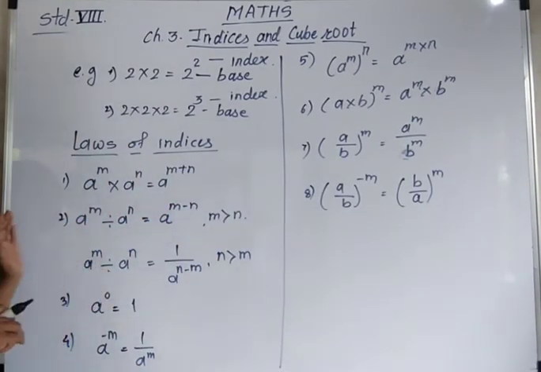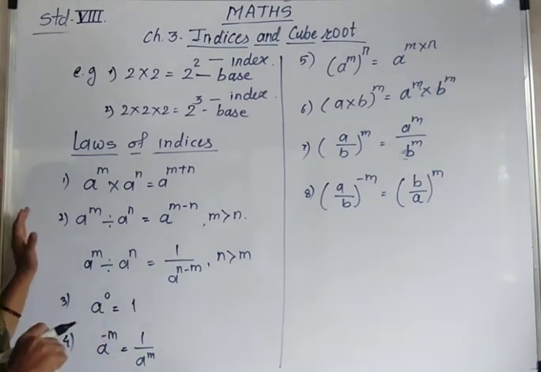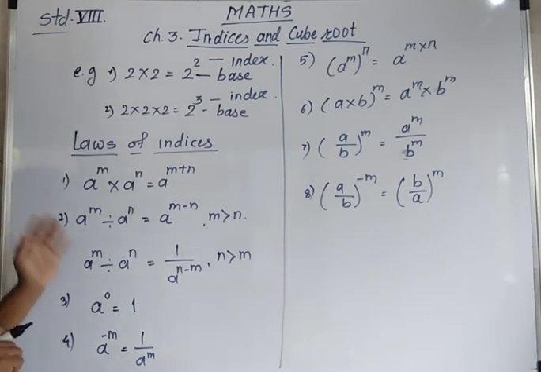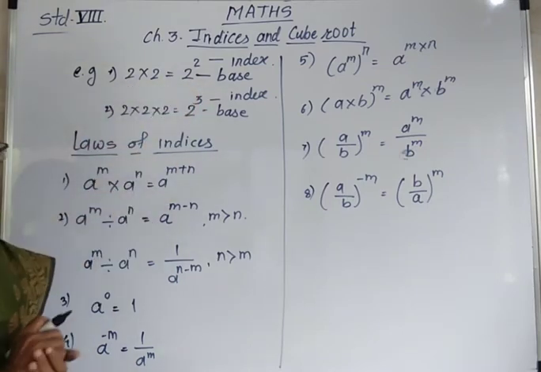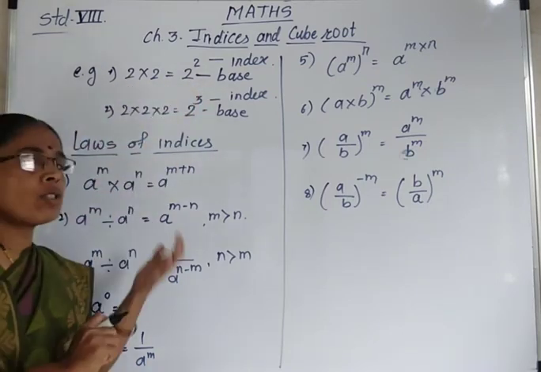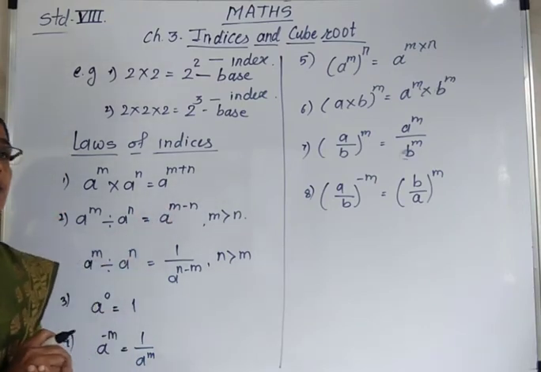So using these laws we can write the product or divide two index form numbers. Now last year we learned about numbers where the index is only a natural number or whole number. Just now I said 2 square. You also learned last year about square and square root, how to find the square root.